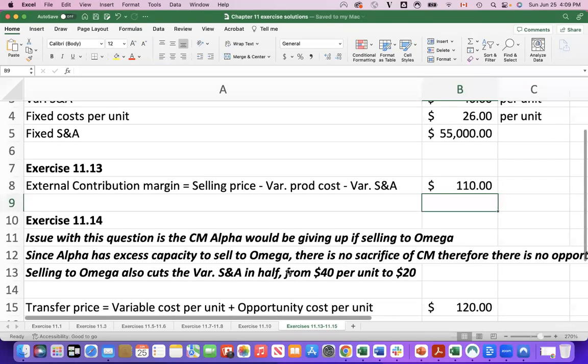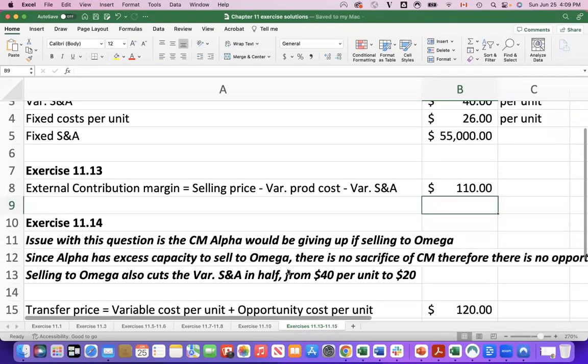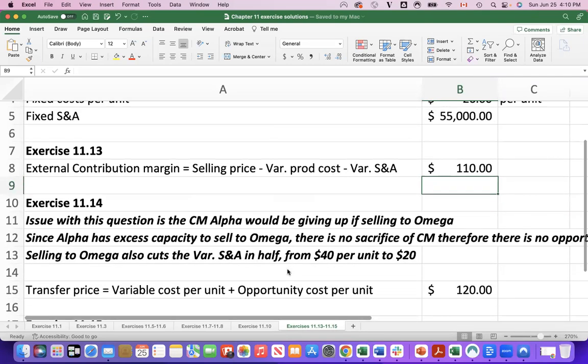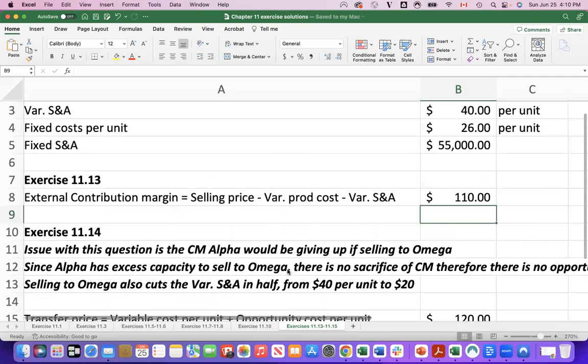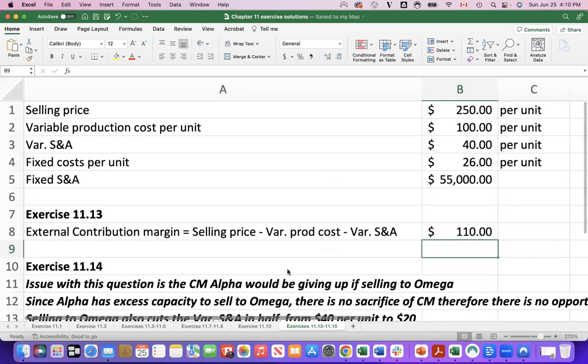So there are a few issues we have to take into account here. The issue with this question, again, is the contribution margin that Alpha would be giving up if they were to forego selling directly to external customers and sell to Omega. They want to maintain that contribution margin of $110. Now, in this instance, remember, capacity is 5,000 units. Currently, Alpha is dealing with production of 2,000 units.